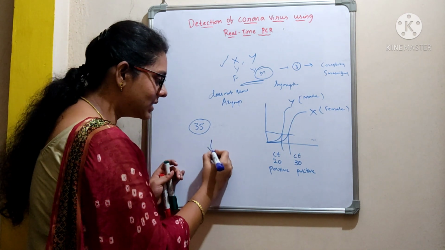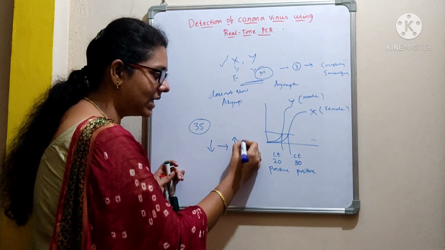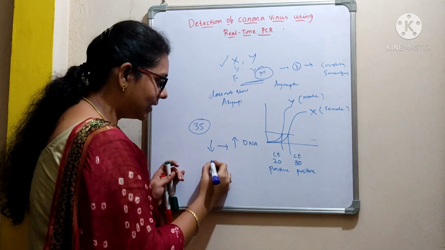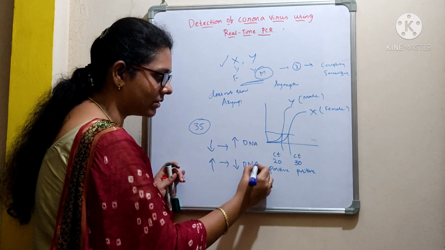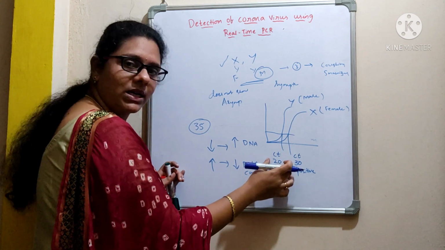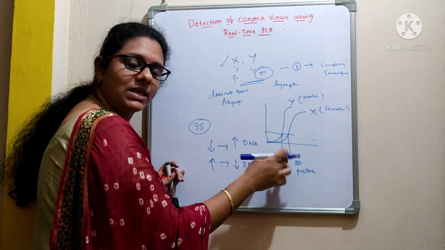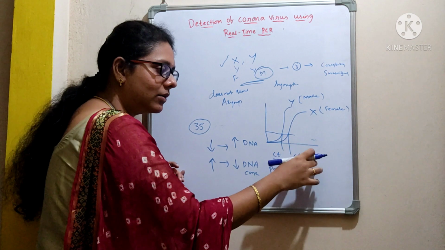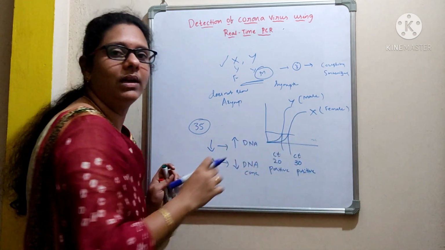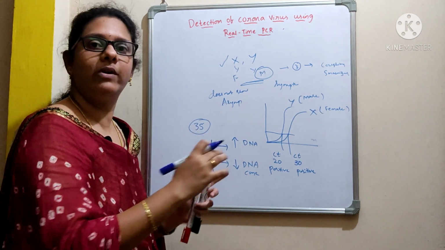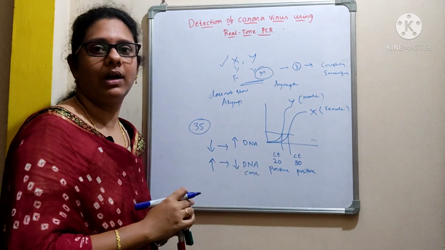Remember, lower CT values indicate high DNA concentration and higher CT values indicate lower DNA concentration. That means this person with a lower CT value has a high viral load compared to this female with a high CT value and low DNA concentration. This is how we make out with the help of the CT value.